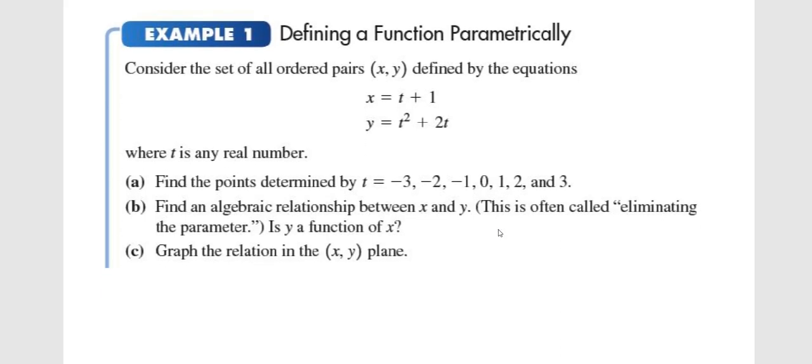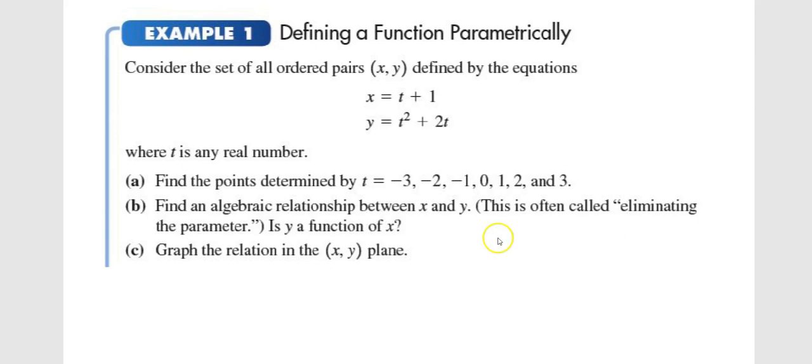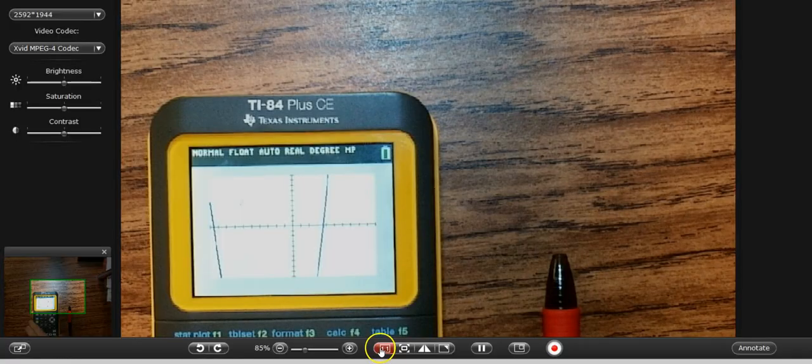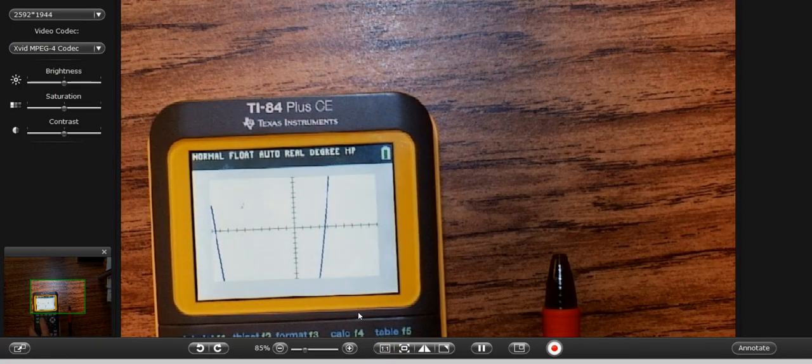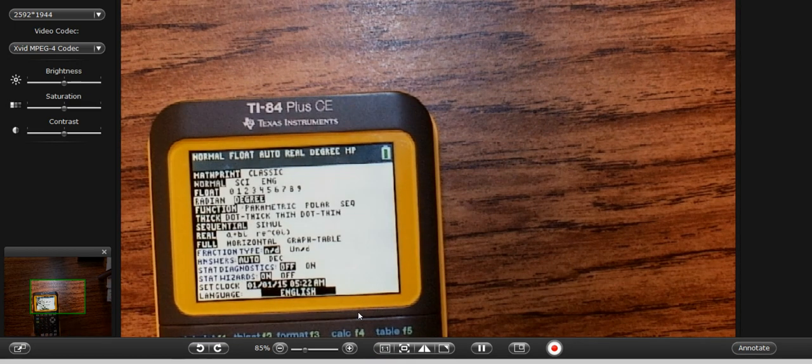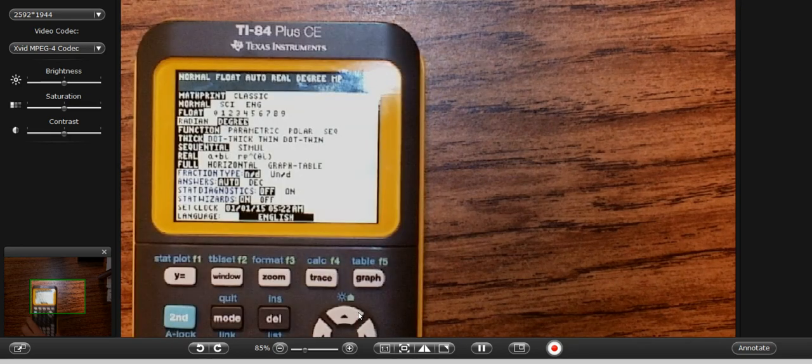Now, take your calculator and hit the, as I mentioned yesterday, the mode button.